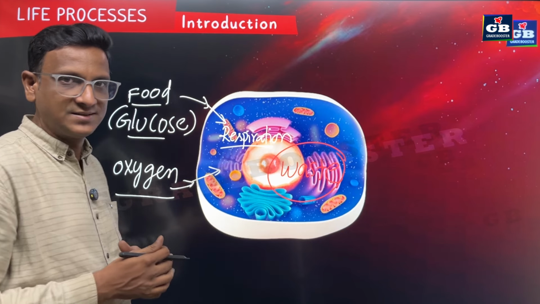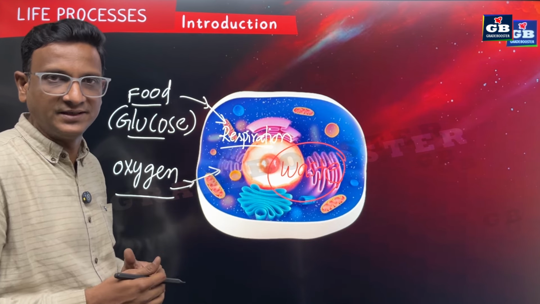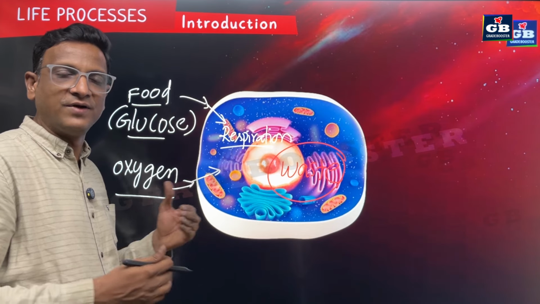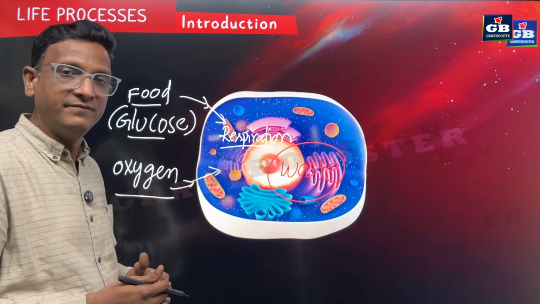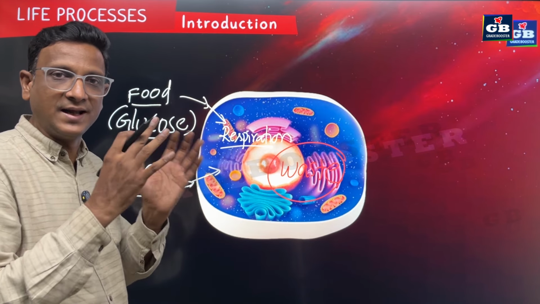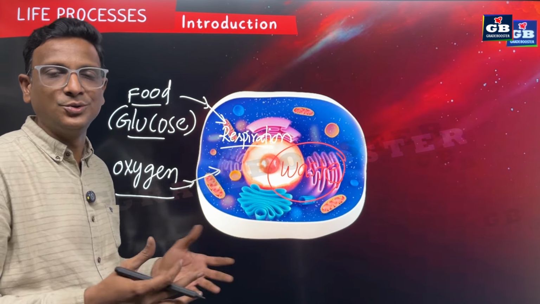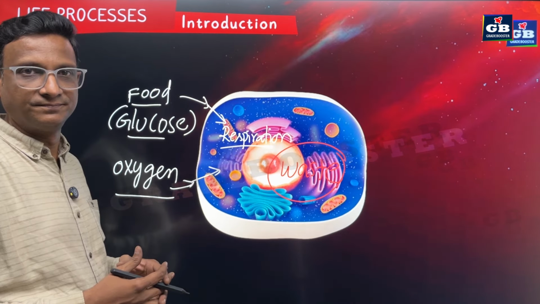Inside the cells, when different metabolic activities take place, not only respiration but other kinds of activities, waste materials like urea, uric acid and ammonia, which are nitrogenous compounds, are produced. Ammonia, urea, uric acid, such kinds of nitrogenous wastes are produced.